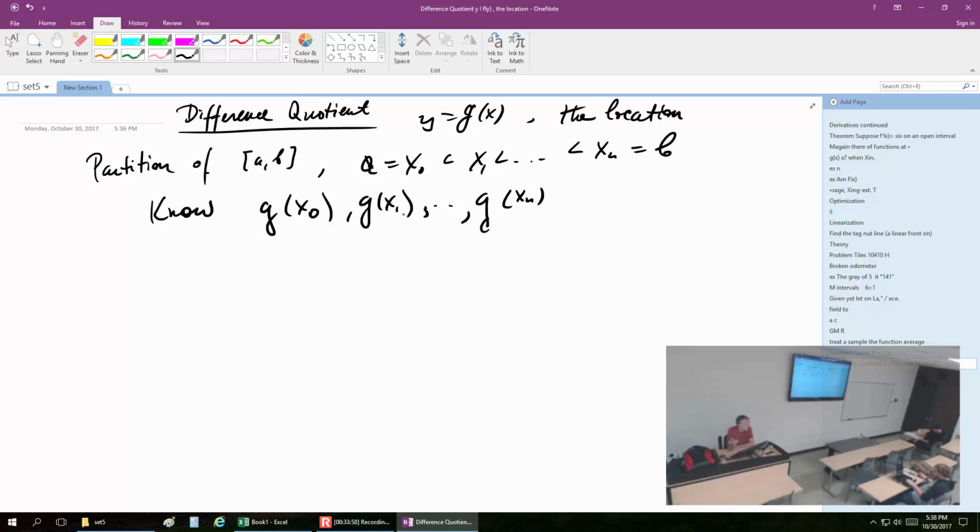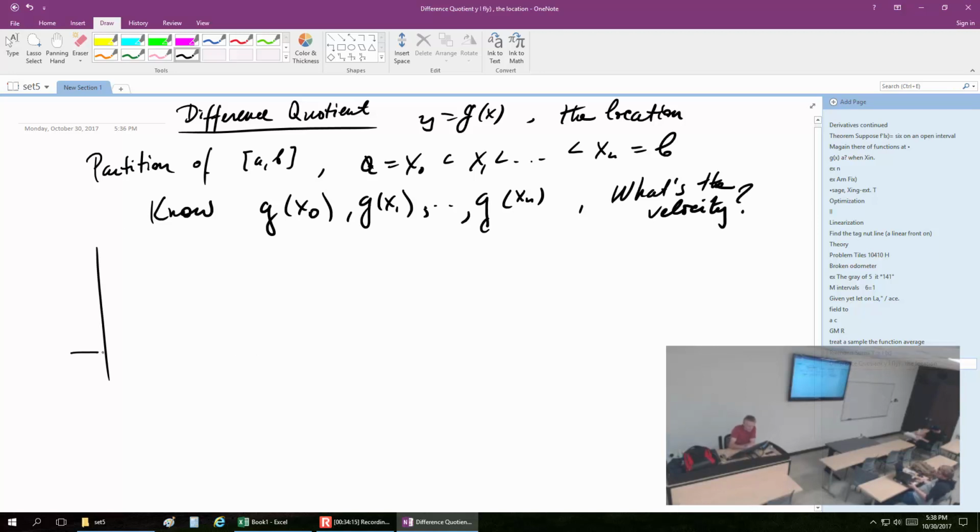And now we want to determine how fast we're going every period of time. So what's the velocity? What the velocity has been during each period of time.